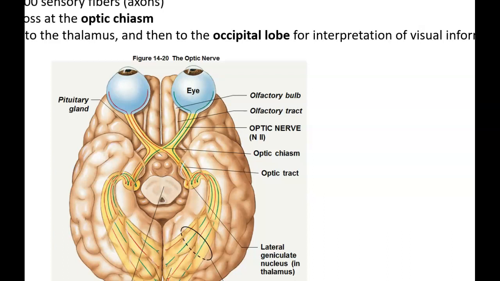So each cerebral hemisphere receives information from the lateral half of the retina on the eye on that side, and the medial half of the retina from the eye on the other side. So with some strokes, we see something called homonymous hemianopsia, where they have a field cut.